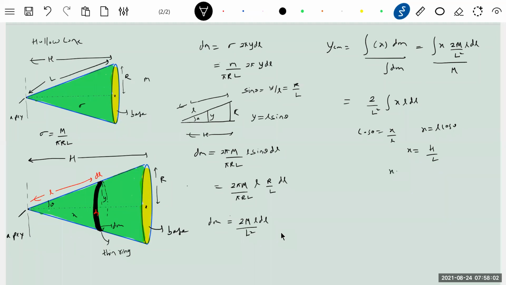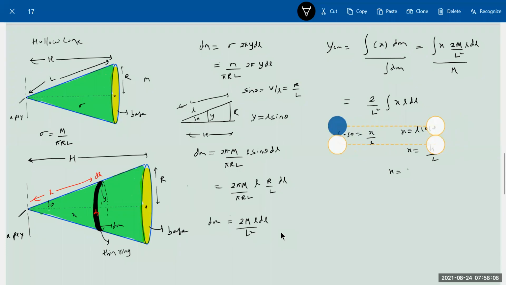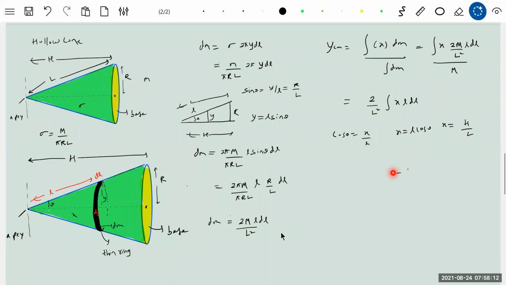Finally, x is equal to l into cos theta, which is h by L. Let me substitute that x there.